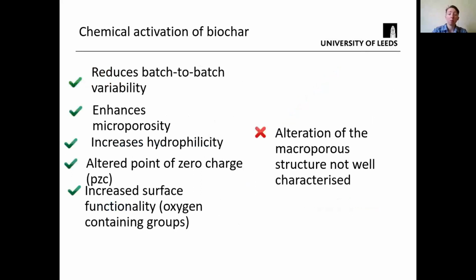And probably the most effective strategy to ensure uniformity is chemical activation. So a chemical activator is simply a chemical agent which is mixed with biochar either before or after pyrolysis, and it serves a dual purpose of both enhancing the characteristics for end use and reducing batch-to-batch variability as well.